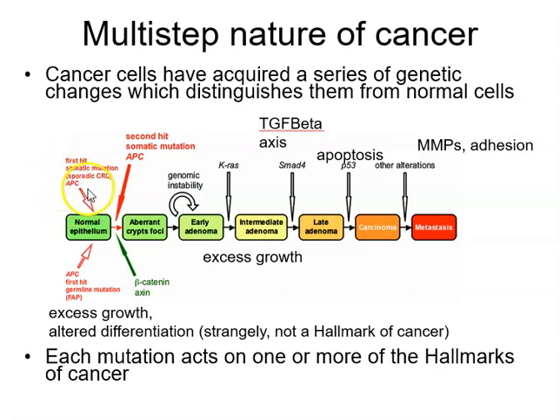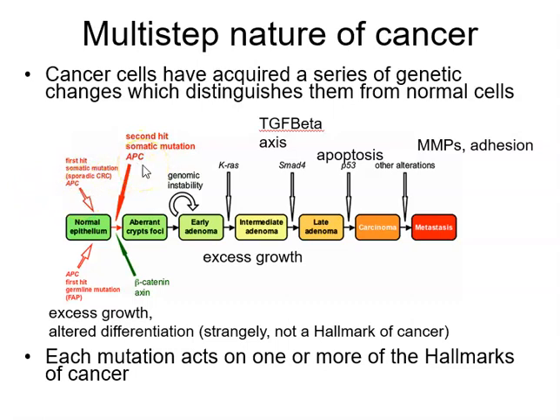That gene becomes inactivated, or one copy of that gene becomes inactivated. Then subsequently we get a second copy of that gene inactivated, and this is just down to sheer bad luck and the combination of bad luck and high carcinogen burden. So we end up with one cell which has got two defective copies of the APC gene.